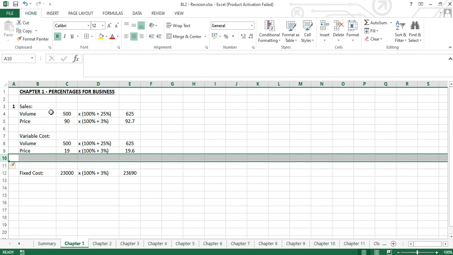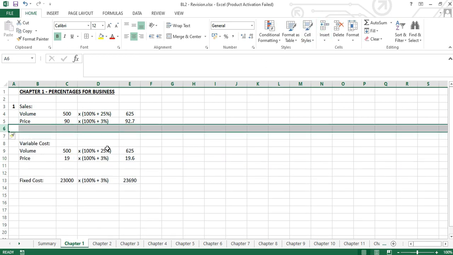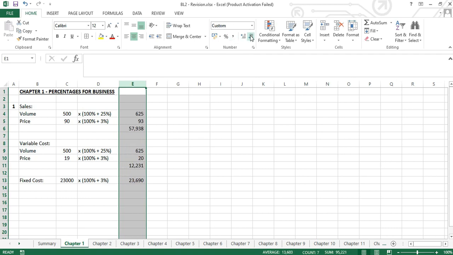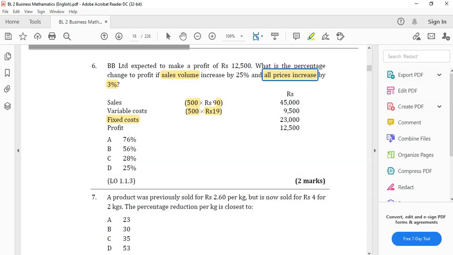Let's take the total variable cost and the total sales. Total sales will be volume into the price and variable cost also will be volume into the variable cost per unit. Okay. So they are asking the change to profit in percentage terms, right?